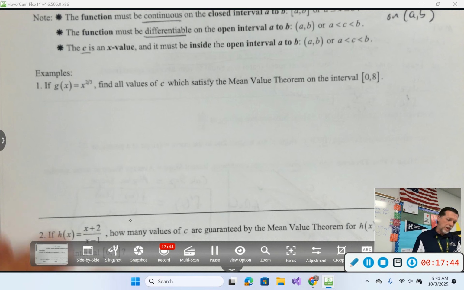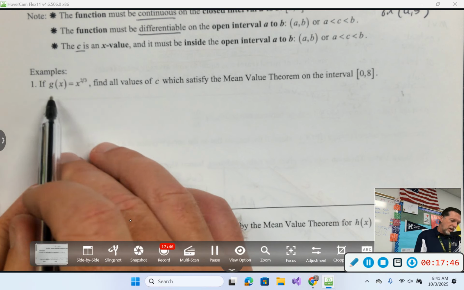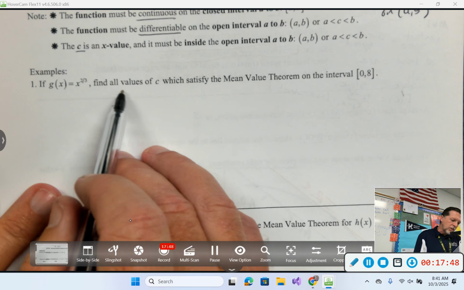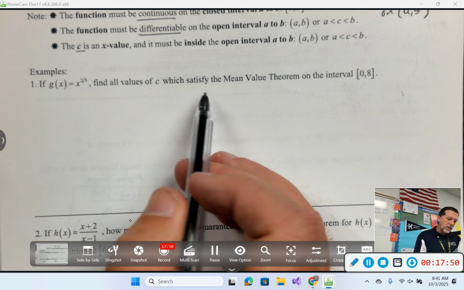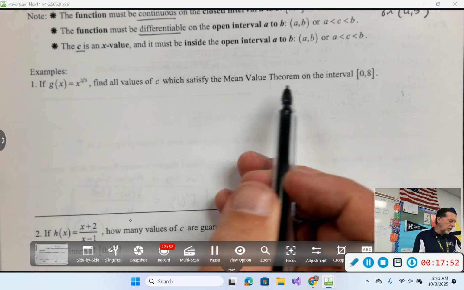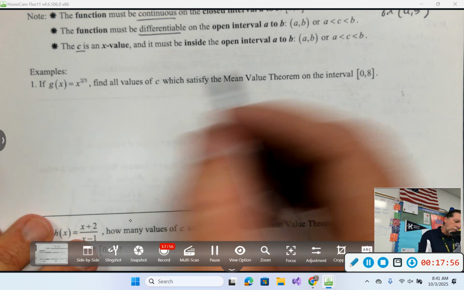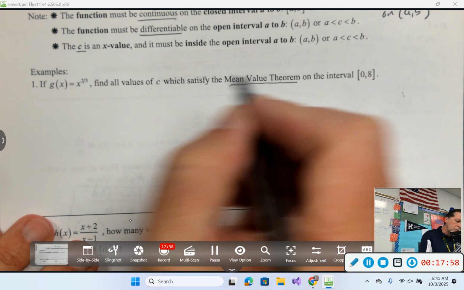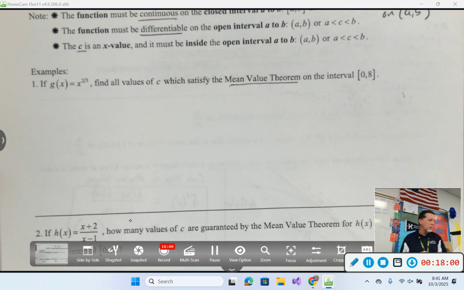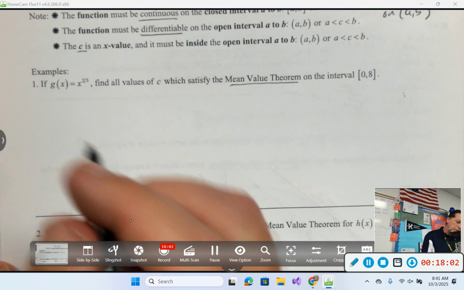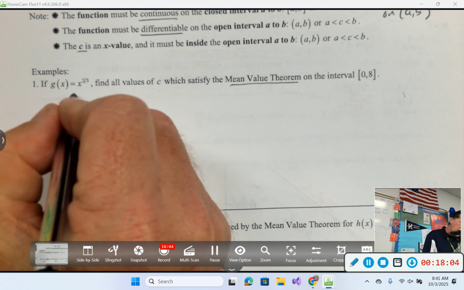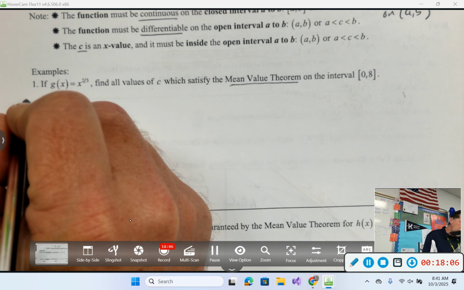Okay, an example, like how in the world do we use this? If g of x equals x to the 2/3, find all values of c which satisfy the mean value theorem on 0 to 8. Before we can use the mean value theorem, we have to state that it's continuous and differentiable. It would help if we knew what x to the 2/3 looked like.